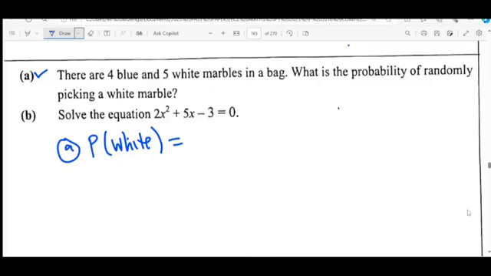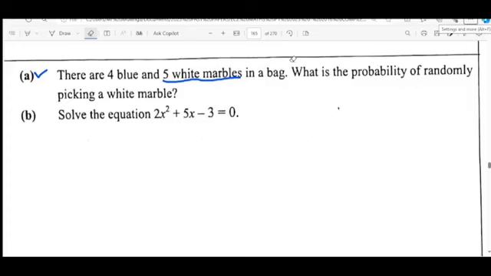We have been told that in the bag there are 5 white marbles. So it will be 5 over the total number of outcomes. We have 4 blue marbles, we add 5 white marbles, and this will give us 9. So our answer is 5 over 9. This will be the probability of picking a white marble.